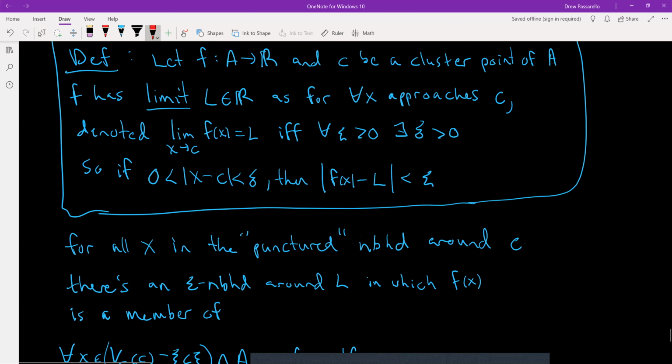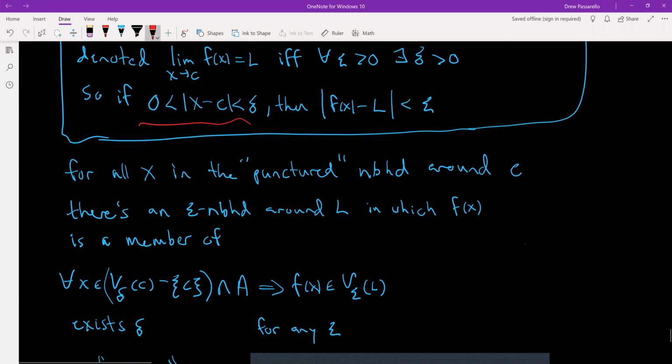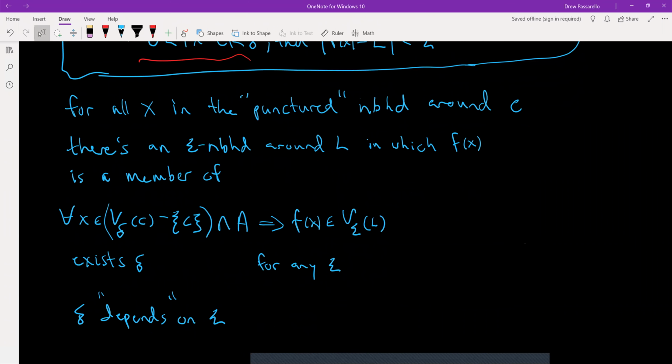So in words, I like to think of it as for all x in the punctured neighborhood around C, that's this part, we have f of x as a member of an epsilon neighborhood around L. So for all x contained in the delta neighborhood around C, subtract out C, that's our punctured neighborhood delta around C, and notice the quantifier is there exists delta.